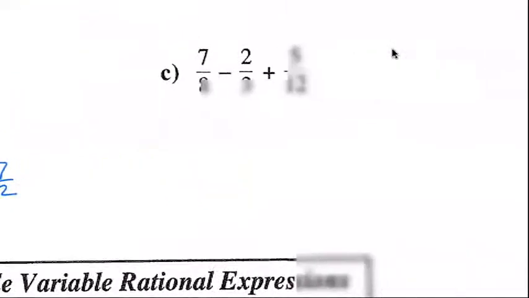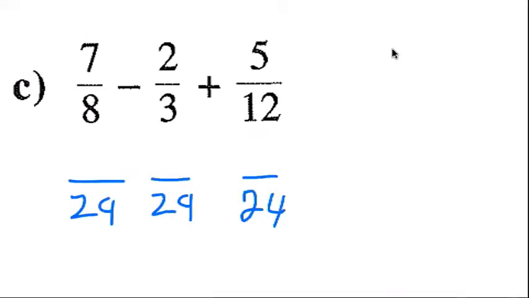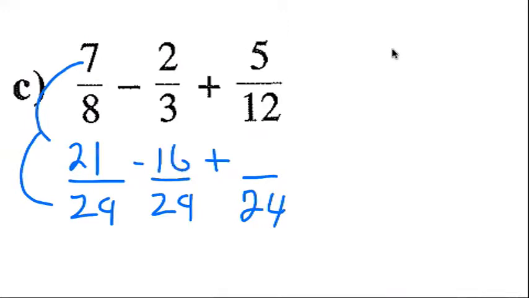And question C, 7 over 8 minus 2 over 3 plus 5 over 12. Our lowest common denominator, I think in this case, is going to be 24. So I want this on 24, this on 24, this on 24. That's going to be plus, that's going to be minus. 8 times 3 is 24, so 7 times 3 is 21. 3 times 8 is 24, so 2 times 8 is 16. 12 times 2 is 24, so 5 times 2 is 10.